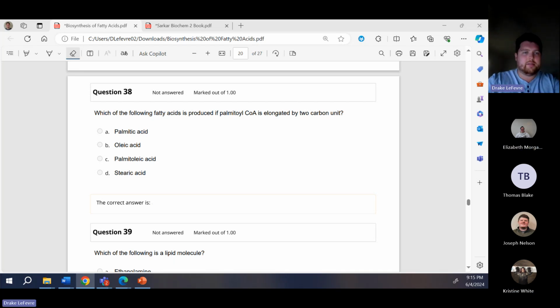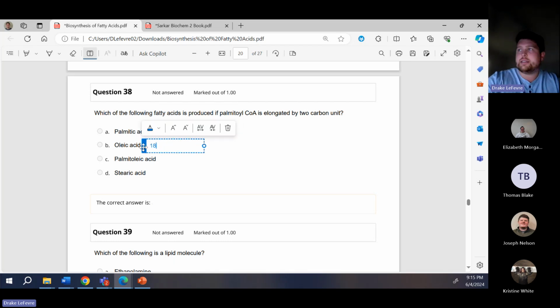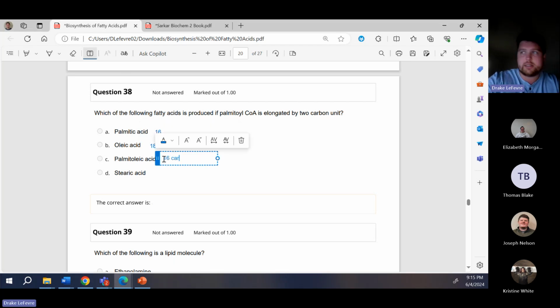It has 16. Oleic acid, I'm just going to write these out so we have them. So this is a 16 carbon. Oleic acid, these are the ones that we want to remember, is an 18 carbon. Palmitoleic acid is also a 16 carbon monounsaturated.